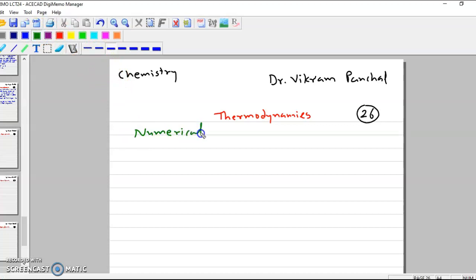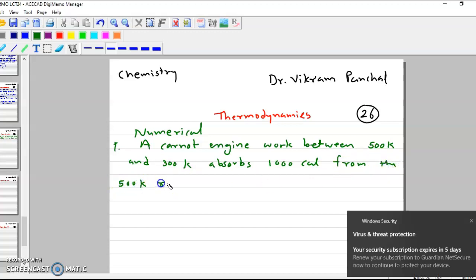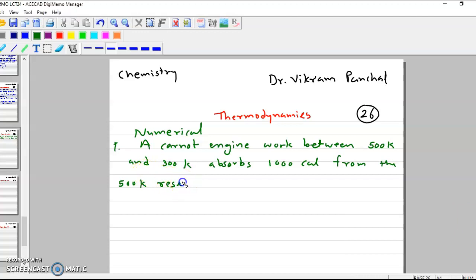The first numerical: a Carnot engine working between 500 Kelvin and 300 Kelvin absorbs 1000 calorie from the 500 Kelvin reservoir per cycle.